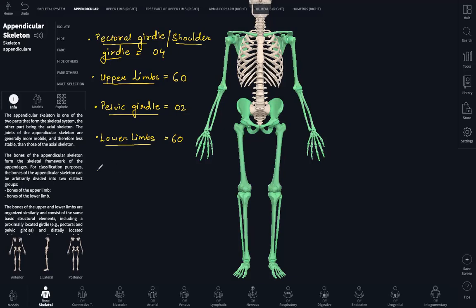So the total number of bones in the appendicular skeleton is 126. Are you getting this? Yes, sir. Okay. So please take down this part.